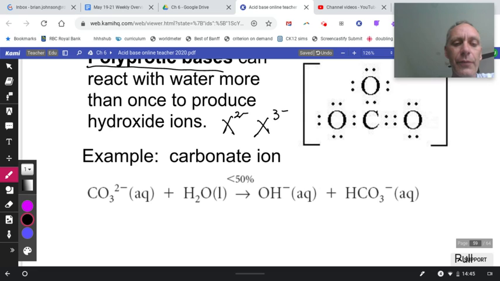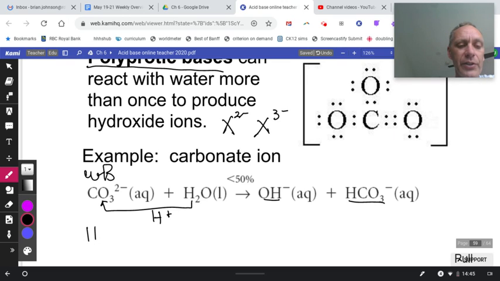So here's the first reaction. It's a weak base, so it is going to be less than 50%. There's why it's a base. It's taken 1 proton from water to make OH minus, and there it is with the 1 proton. Now, because HCO3 has a minus charge, it can still act as a weak base and accept another proton from water.